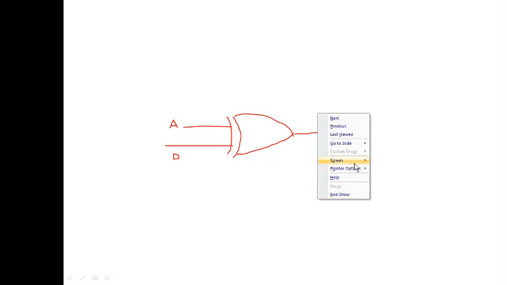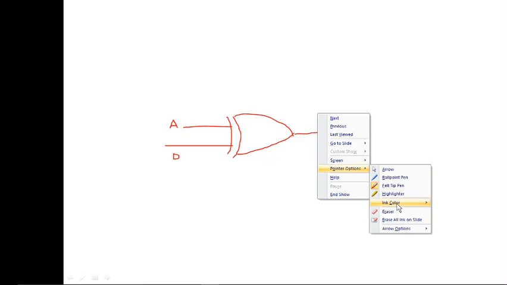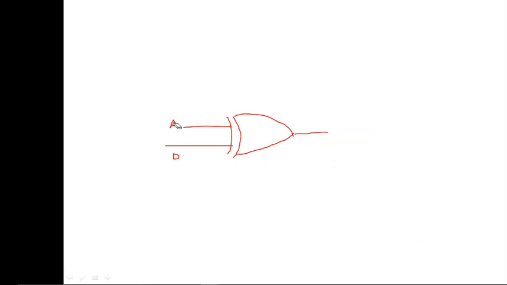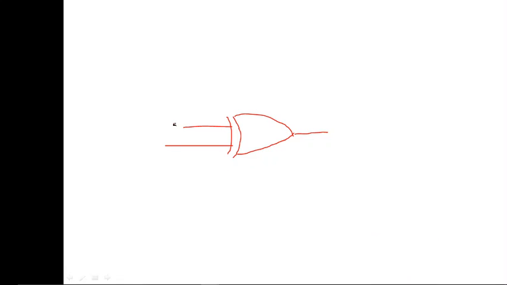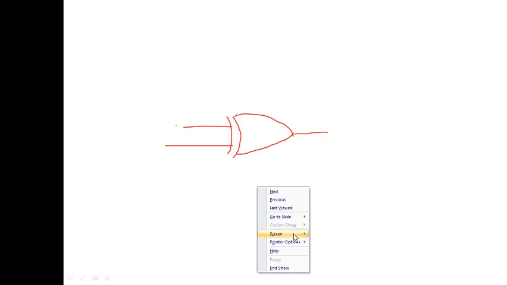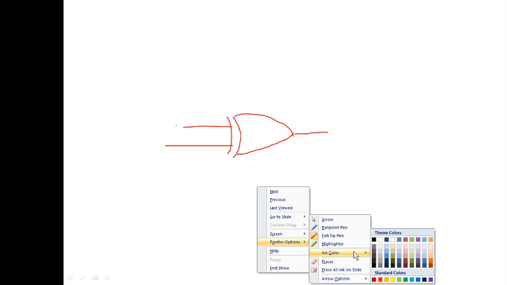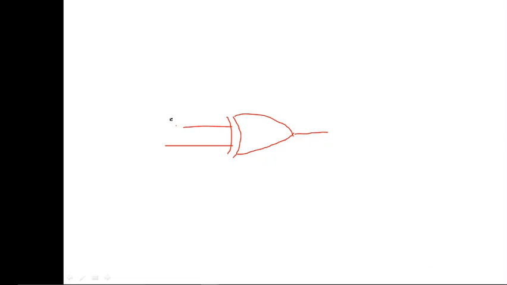Instead of this, we assume that one of the inputs is B, and here the other input is 0.